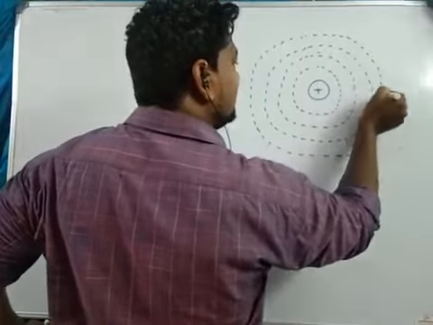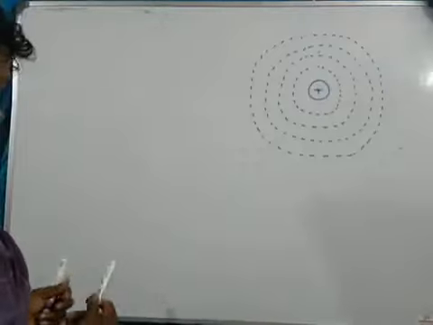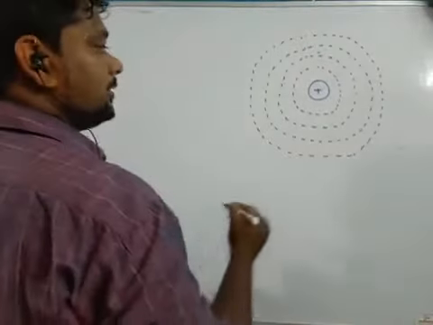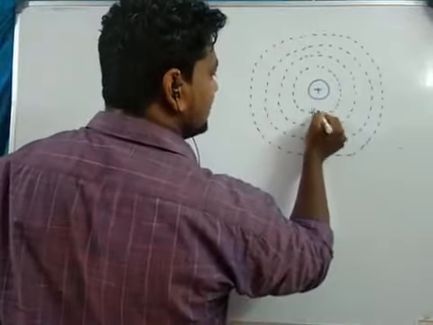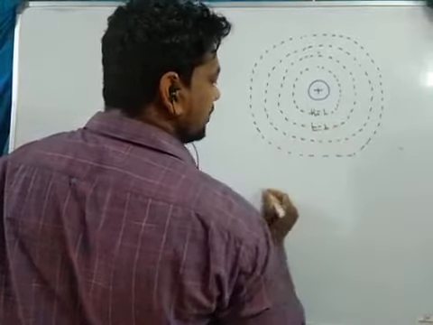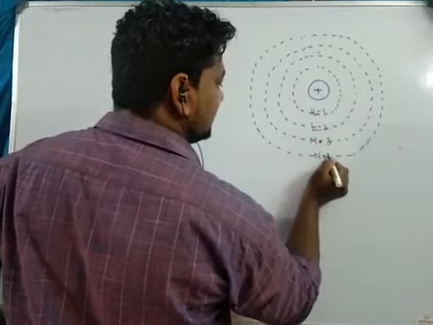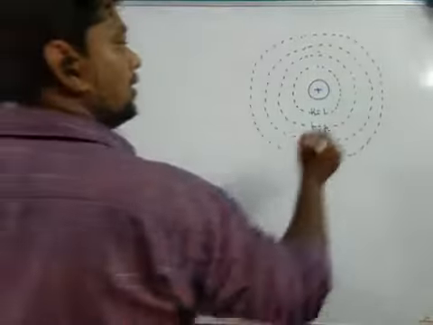So now we will calculate the energy levels for each shell. According to our Bohr concept, the K shell is the first orbit, the L shell represents the second orbit, the M shell the third, and the N shell the fourth.